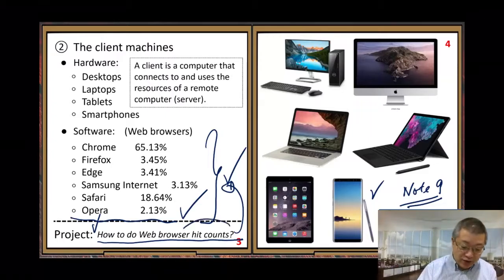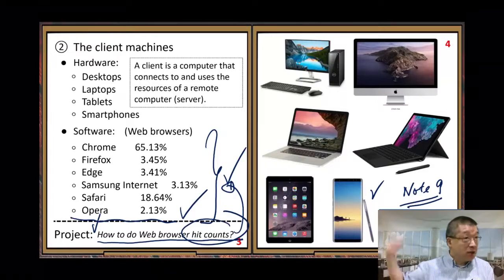Because the hit counts we need to store in a database. After we learn that, we also need to learn server-side programming, because the database can only be accessed at the server side. So with server-side programming, we are ready to do this project. All right, so let me stop here. B.1.